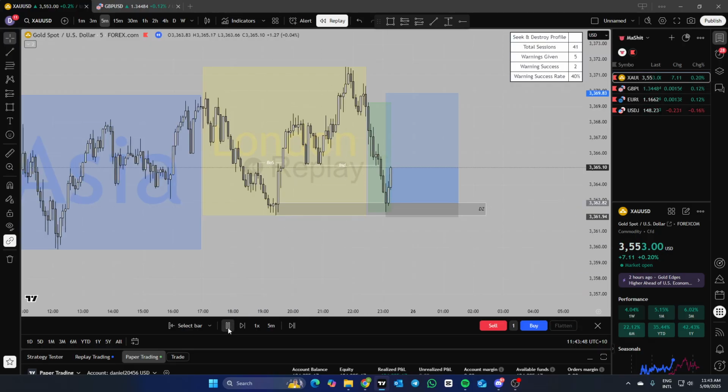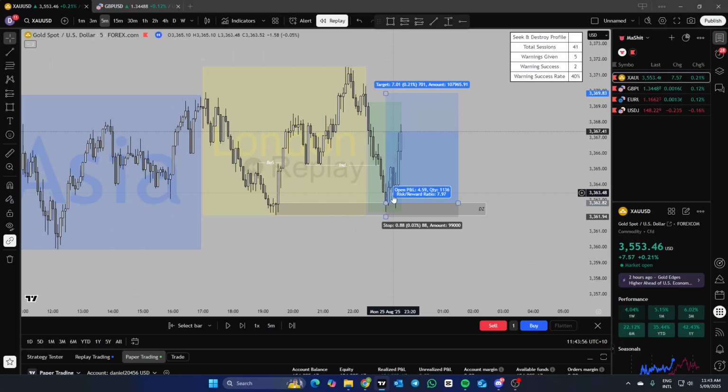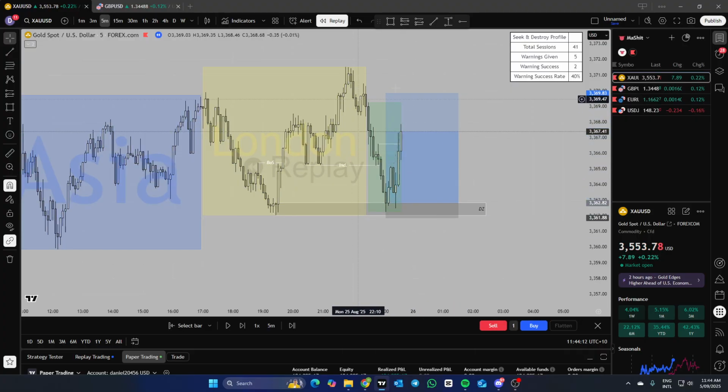Anyways, as we move on throughout this position, it comes back down, taps back into the zone, so even if you entered off of that break, you had stop loss below these lows, you're not getting stopped out. I think I ended up taking partials actually at this high. Yeah, I think I took partials here and then moved stop loss to break even, but we're just gonna leave it here, whatever.